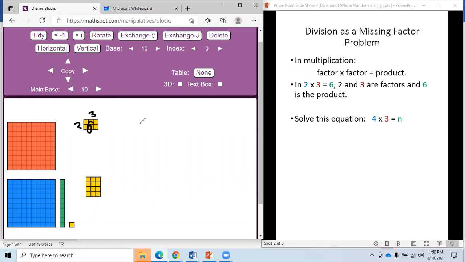And I can see that I have 4 times 3, and this is equal to n.